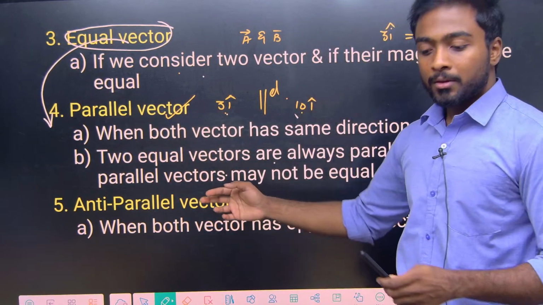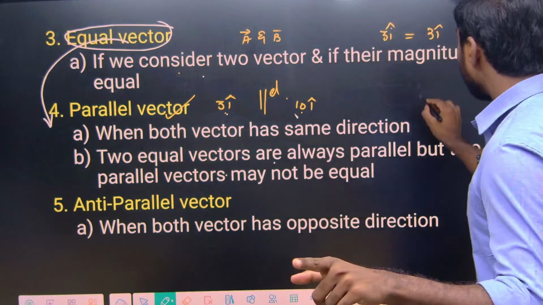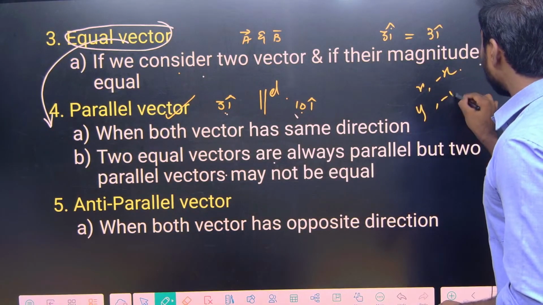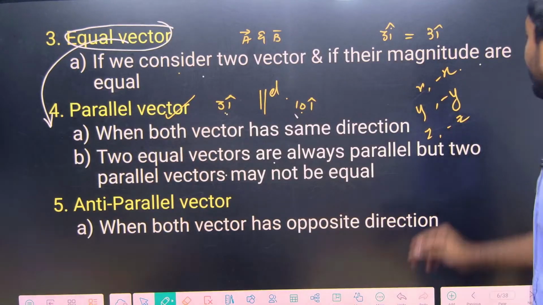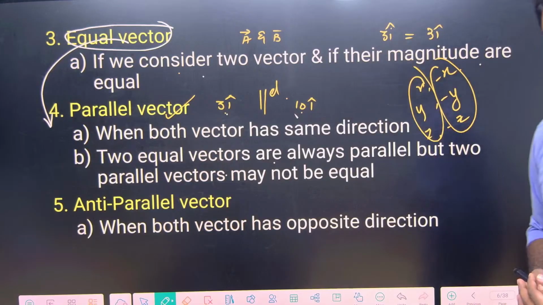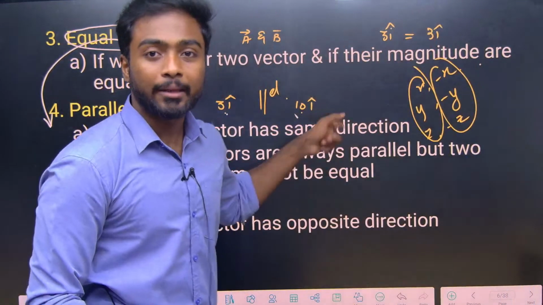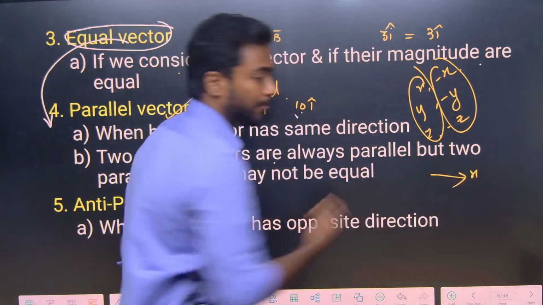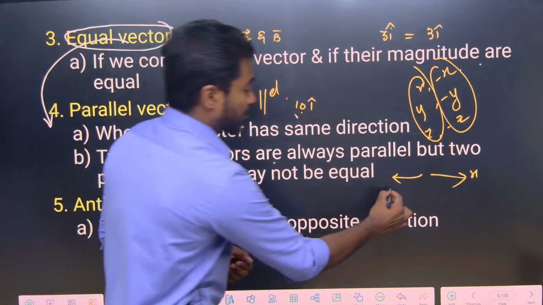Anti-parallel means when both are in the opposite direction, like the x axis and minus x axis, y axis and minus y axis, z axis and minus z axis. One arrow will be in this direction for the x axis, and the other arrow will be in the opposite direction, which is minus x axis.